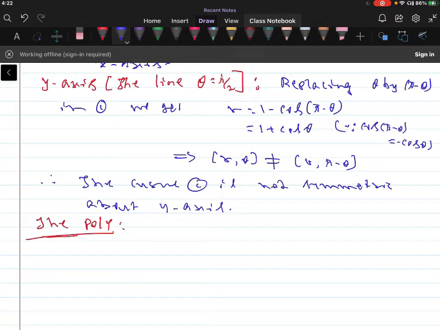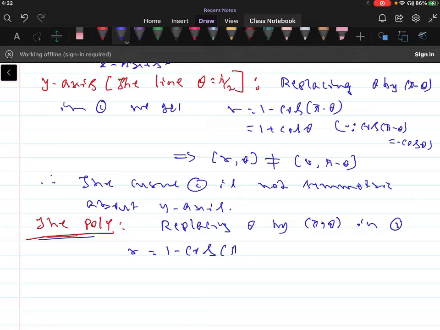Let us verify whether the given polar curve is symmetric about the pole or not. Now replacing theta by pi plus theta in equation 1, we get r is equal to 1 minus cos of pi plus theta.